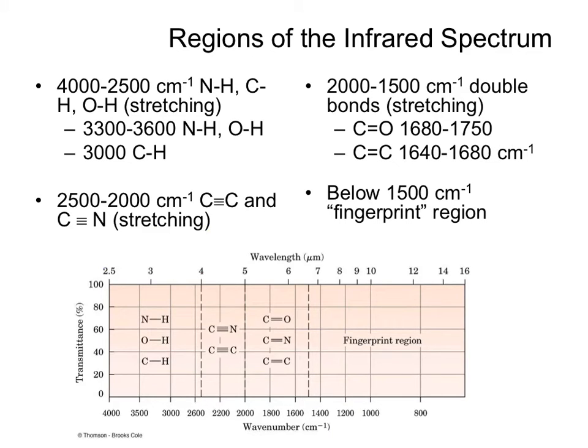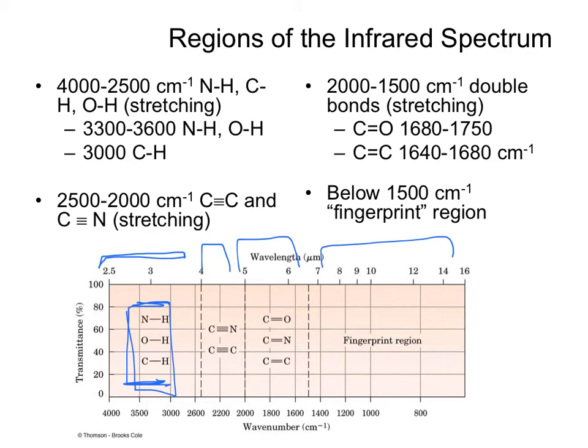The slide basically is a general overview, but like I said, the entire table will be provided to you. The fingerprint region is up to about the 1400 mark or so. Past that, all the double bonds, the C double bond O, C double bond N, C double bond C, that's where those show up. Triple bonds follow, and then the single bonds, but realize these contain hydrogen, so there is one light item going on.